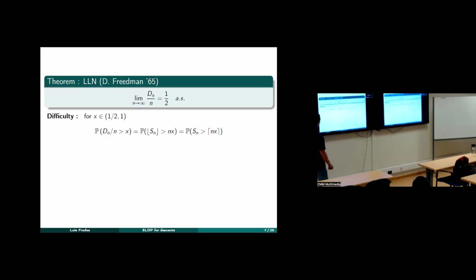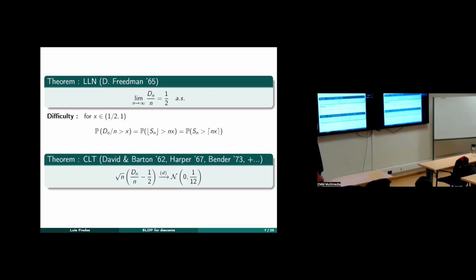And there is kind of a difficulty. I try to introduce it here because in some parts of the results that I will present, there will be a correction, which is a fractional part, and that fractional part will come from this Sn distribution that is continuous. So since we studied the behavior of this dn divided by n, and dn is integer, we need to put integer parts. There will appear some fractional parts. So it's just to give you an insight of where in the results there is a fractional corrective term that will appear in the following.